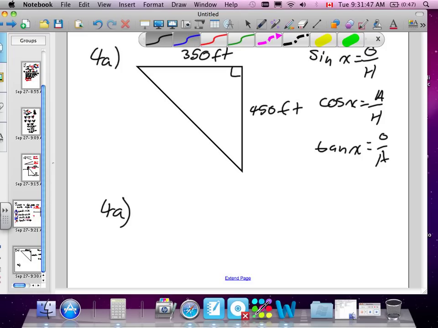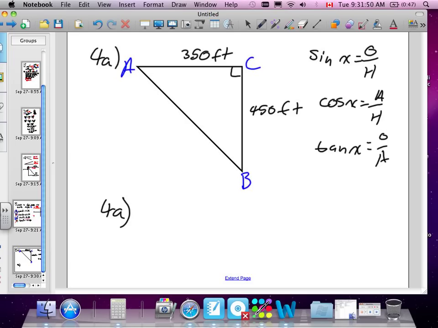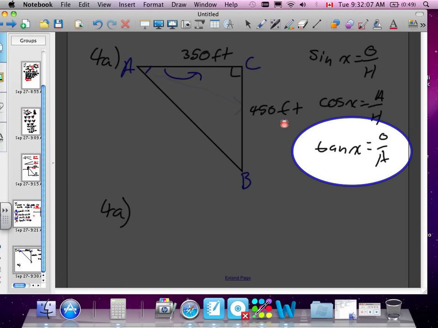Call it A, B, C. Let's say I'm working on angle A. According to angle A, what measurements of the triangle do I have? I have the opposite, and I have the adjacent. So which ratio do I use? That's right. We're going to use tangent ratio because it deals with opposite and adjacent.